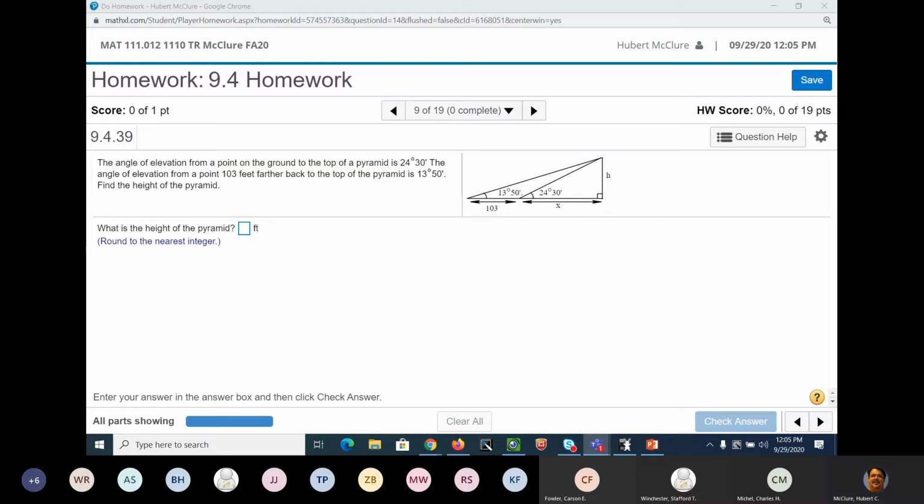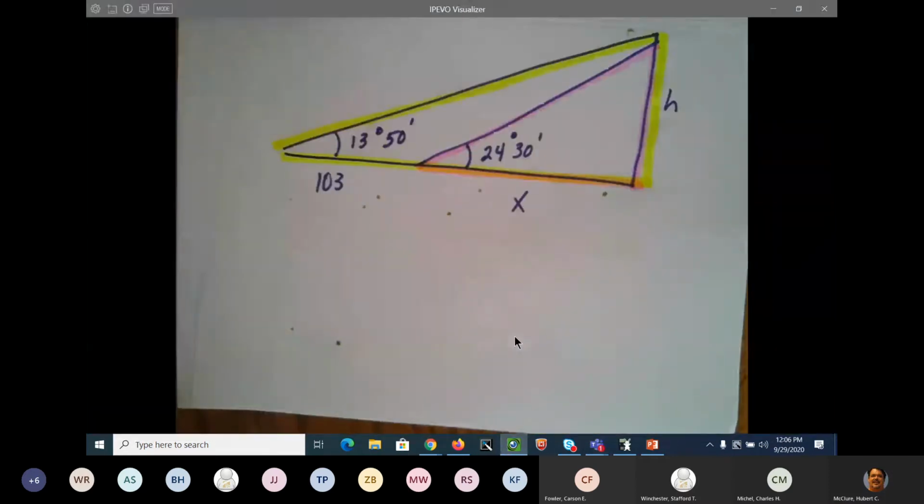So we've got two triangles here. And I'm going to try to color these triangles. I'm going to color this one pink. And I'm going to color the big triangle yellow. Everybody see it?